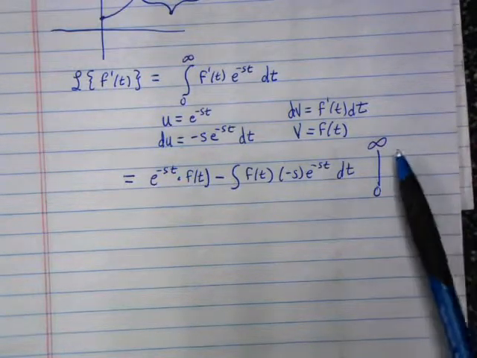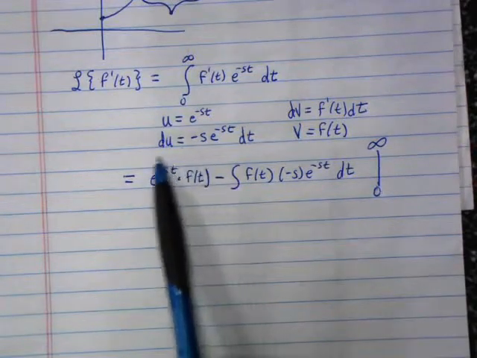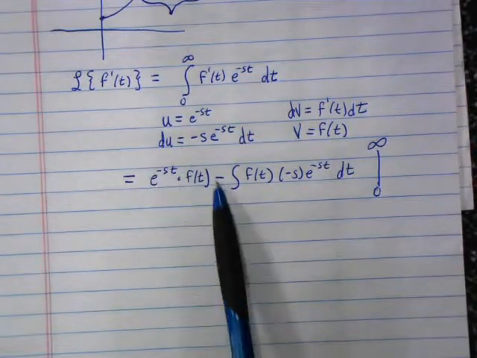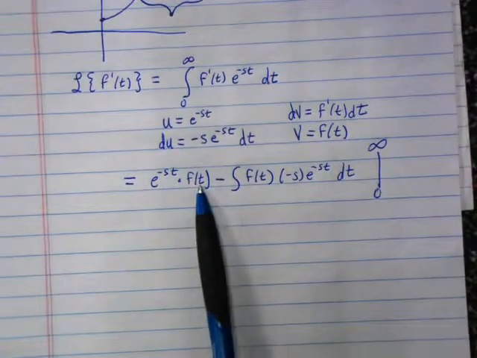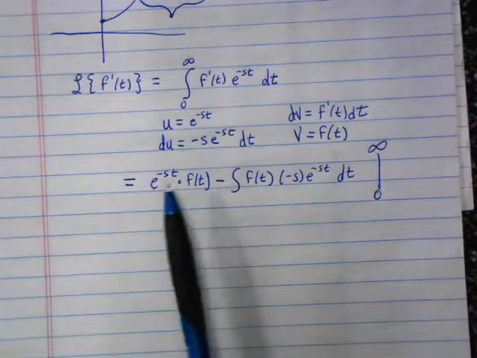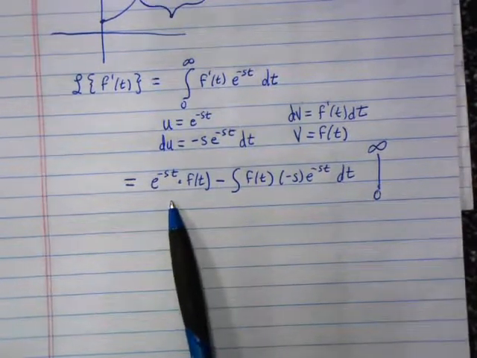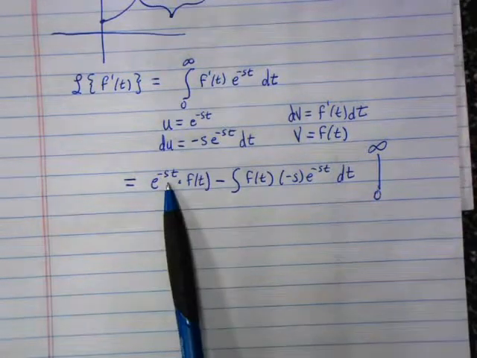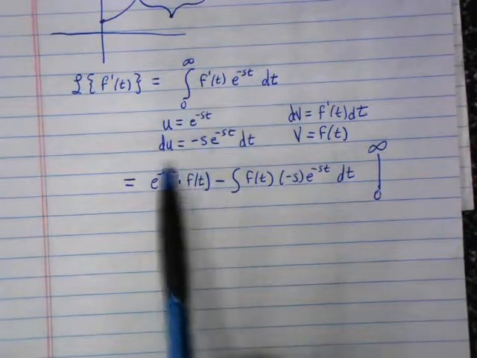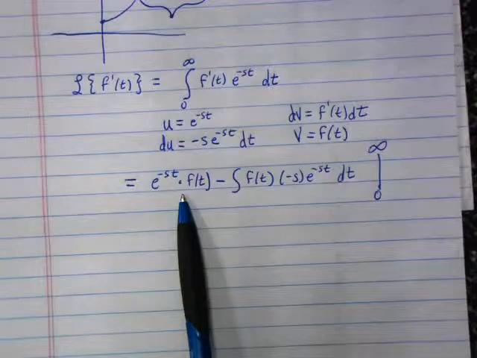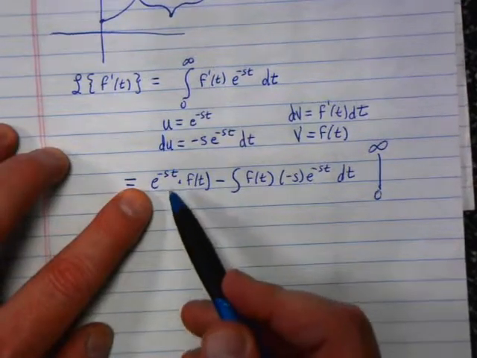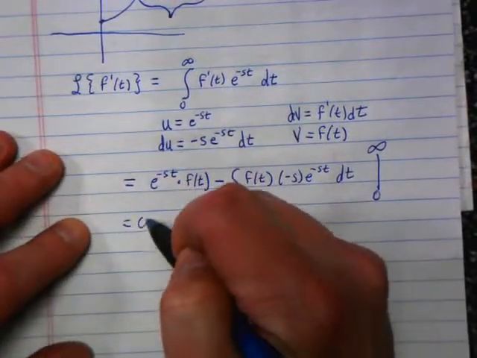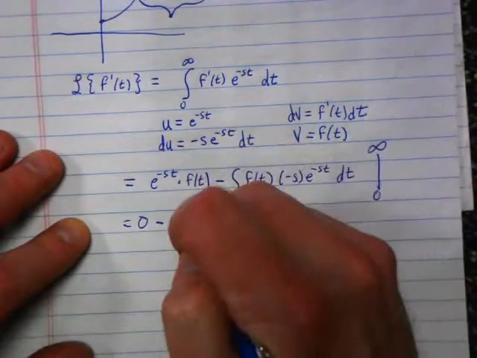What happens when I plug infinity into this piece? It goes to 0, because f of t is of exponential order, so it's smaller than an exponential function. When I plug 0 in, I get f of 0, because I'm plugging 0 in for t. So that's 0 minus f at 0.